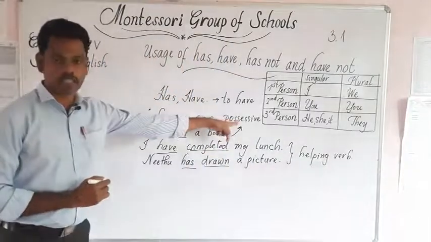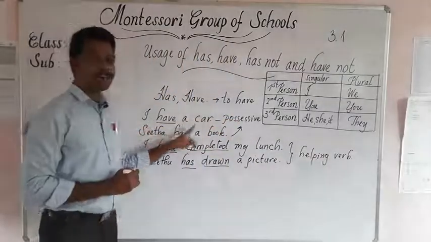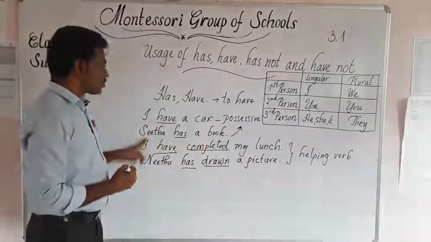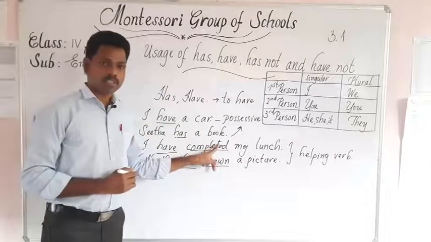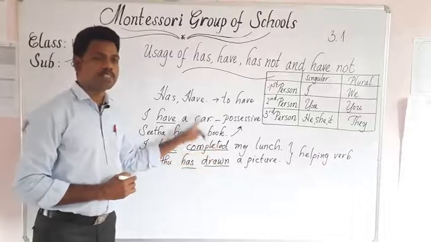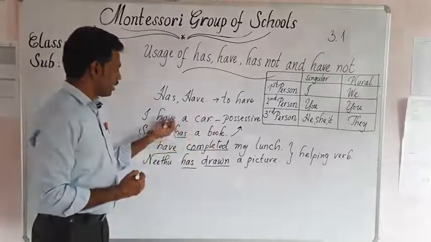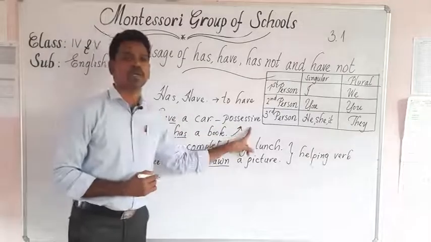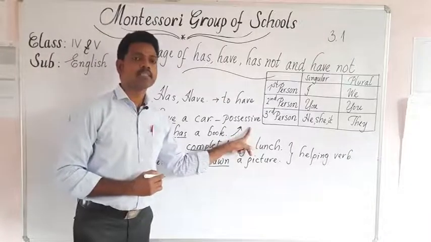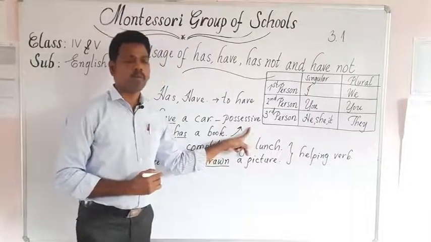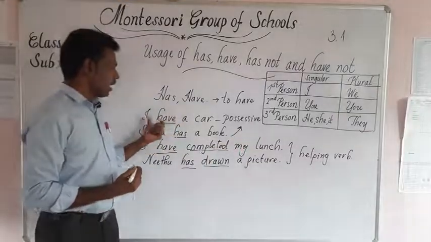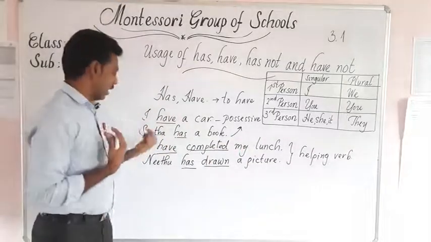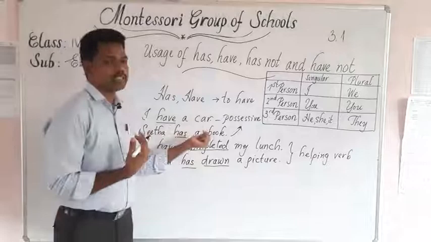Example for possessive case, I have a car. Sita has a book. Here in these two sentences, the words have and has stand for possession. Why? Because here I possess a car and here Sita possesses a book.